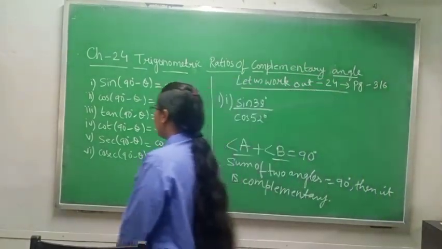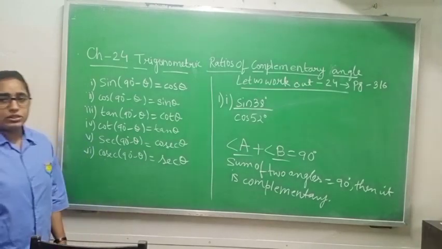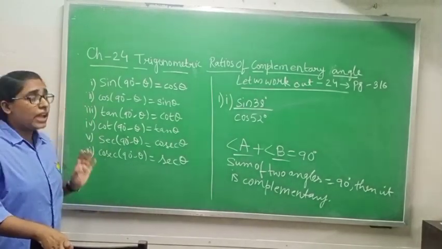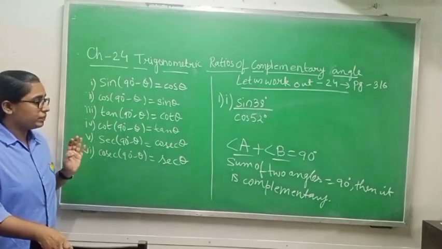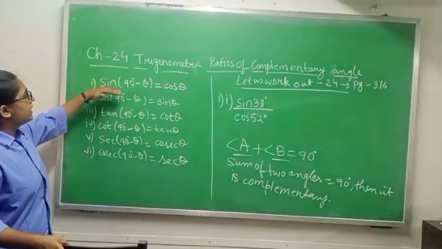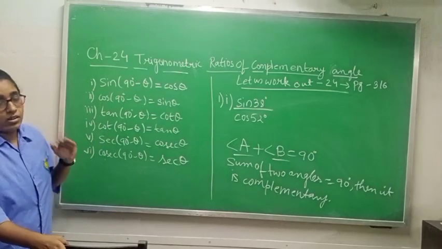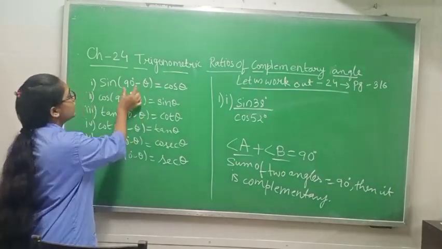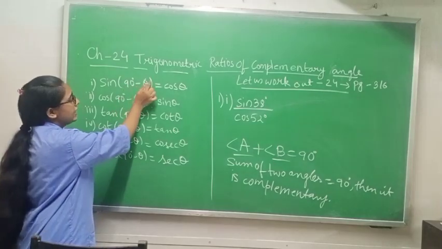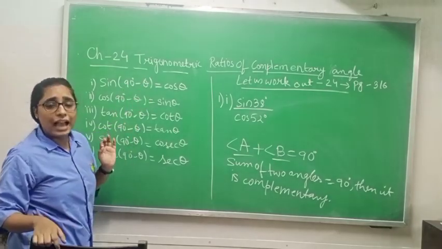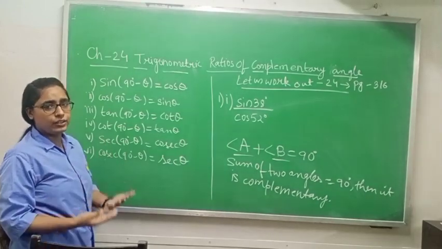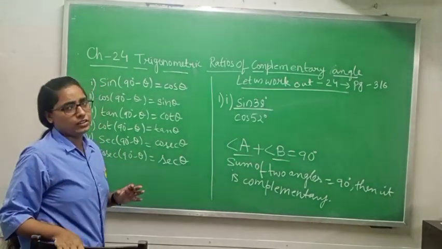Now we will go to some formulas related to complementary angles. In complementary angles, formulas are very easy. Now, sine 90 degree minus theta. It means that 90 degree will be here and theta is nothing but any angle: 30 degree, 40 degree, 60 degree, 70 degree, 11 degree, 15 degree, any angle.